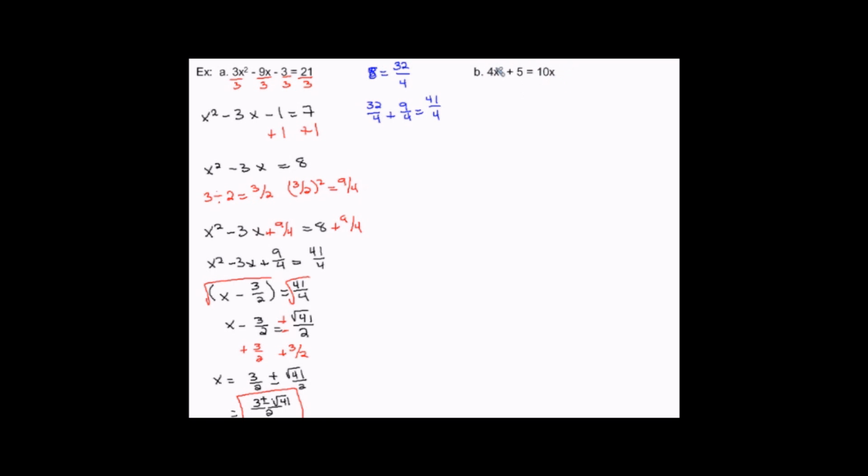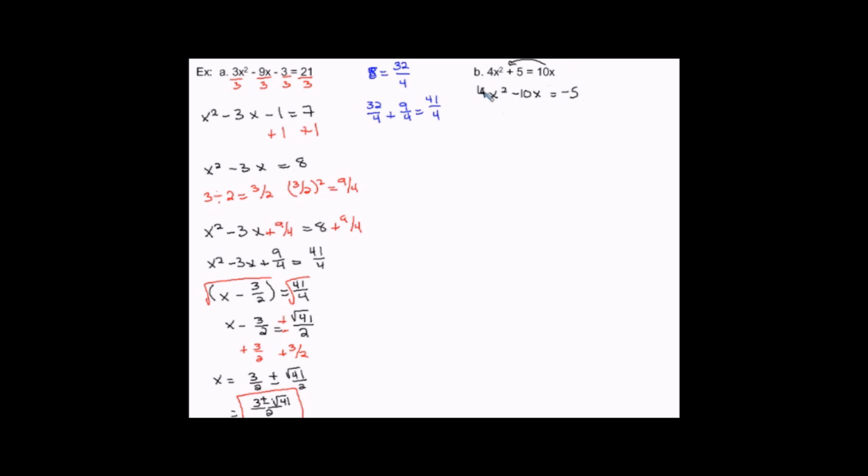This one's going to take a bit of rearranging first, so I'm going to go ahead and put this into sort of more standard form. This 10x is going to come over, so it'll be negative now. And this 5 is going to go over there, so it'll be negative now because we switched sides.